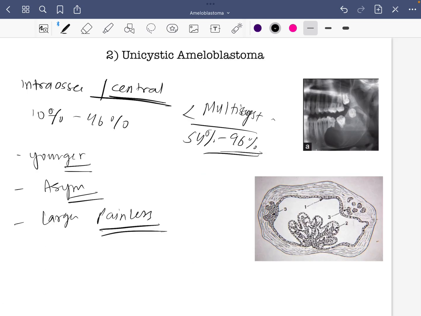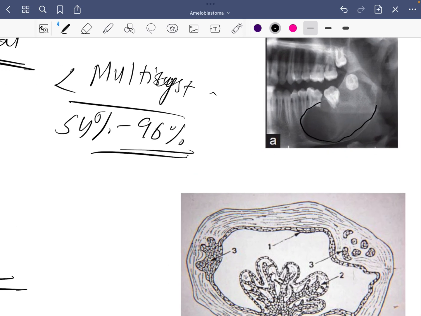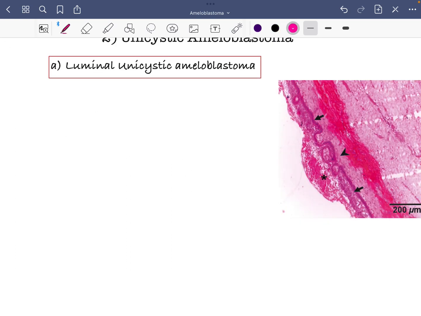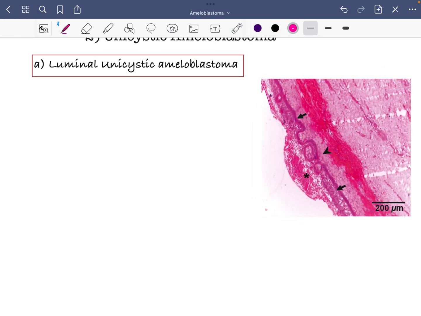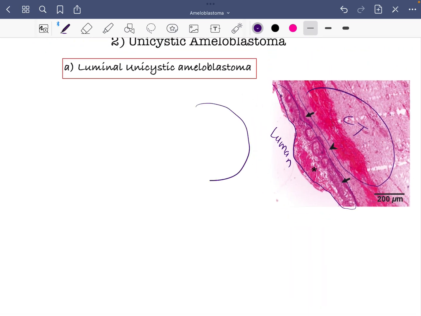Radiographically, you will see just one large cavity, a luminal kind of ameloblastoma. This is your tumor cell, this is your lumen, and this is your connective tissue. So if I draw it, this is how it looks.